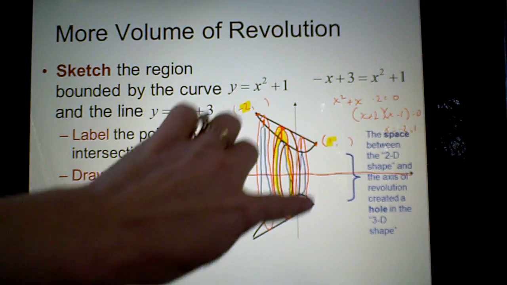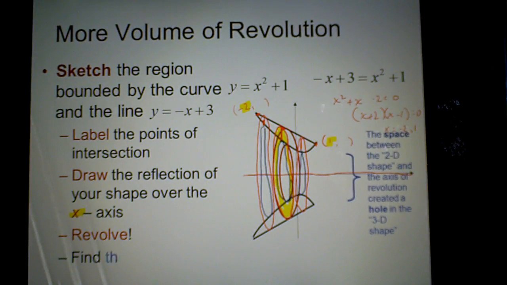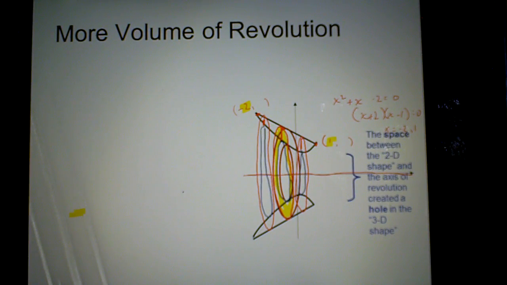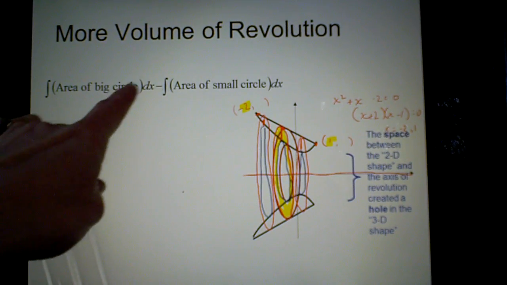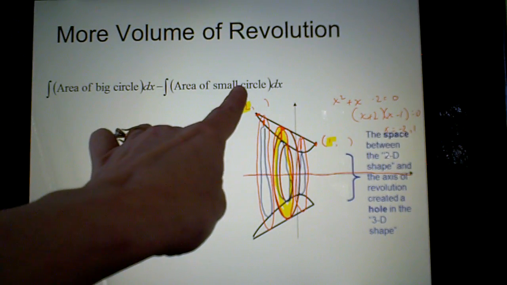I have two circles. I have a red circle and a blue circle. So area of the big red circle minus the area of the small circle.